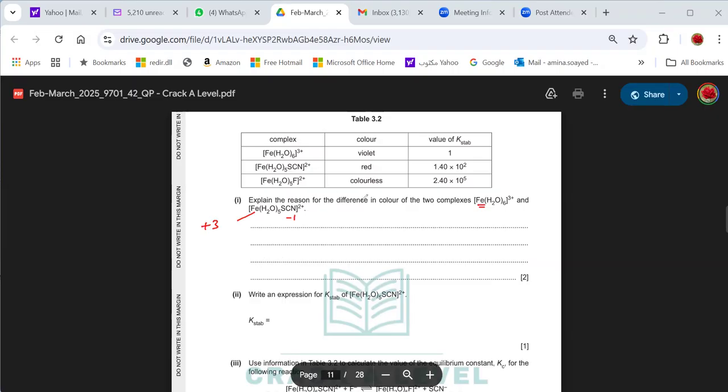So when they say explain the reason for the difference in color, we say that different ligands split the d orbitals of iron plus 3.